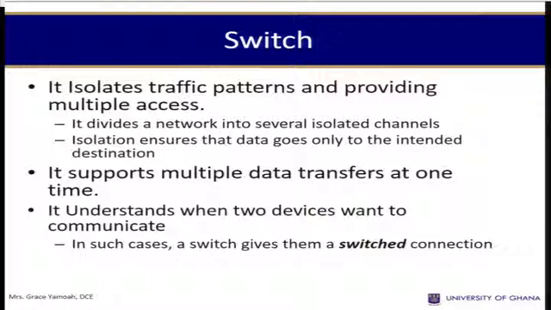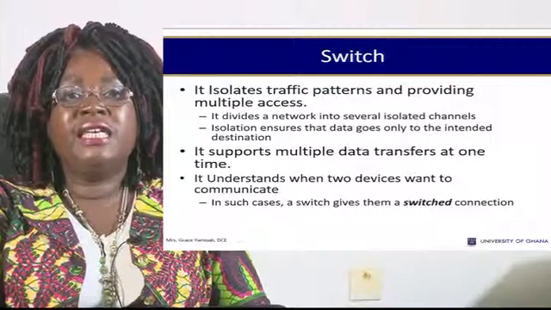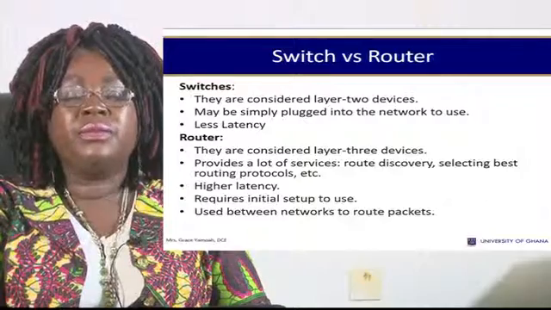It divides the network into several isolated channels. Isolation ensures that data goes only to the intended destination. It supports multiple data transfers at one time. It understands when two devices want to communicate. In such cases, a switch gives them a dedicated connection.